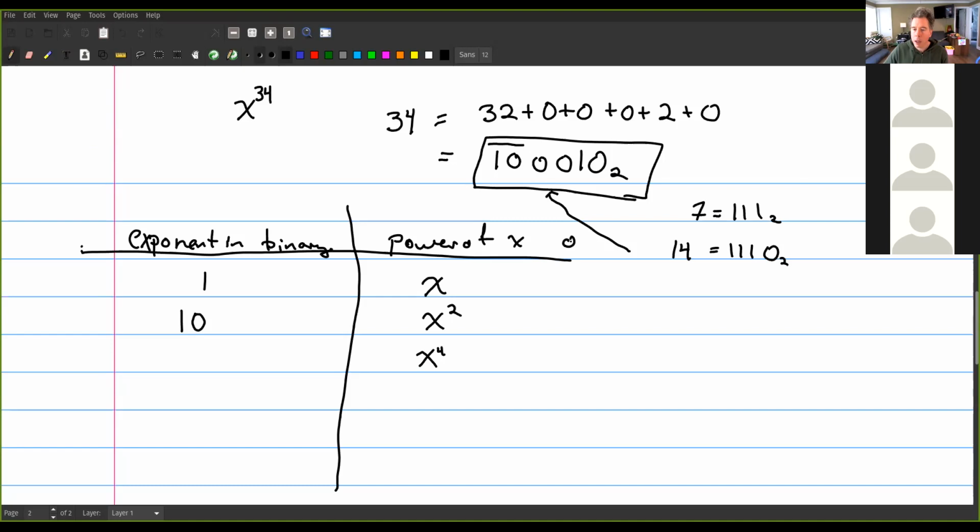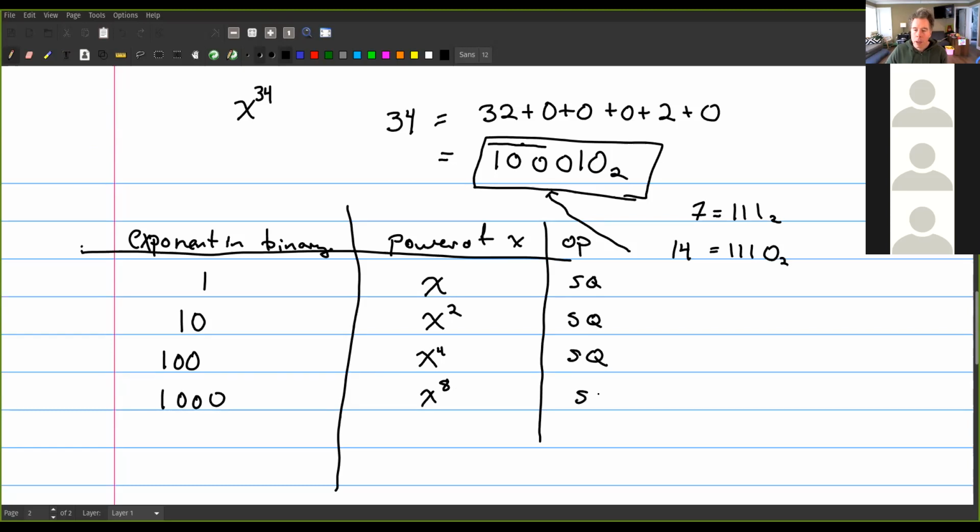Maybe I'll make a little column here for the operation also. So I squared, and then I squared again, and now I have 1, 0, 0. It's still zeros here, so I just keep squaring as long as those are zeros. So I square again, it gives me x to the 8. Now I have 1, 0, 0, 0.